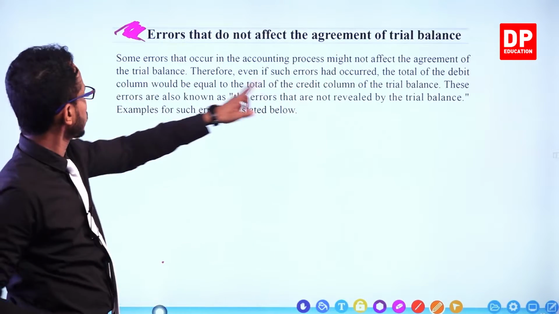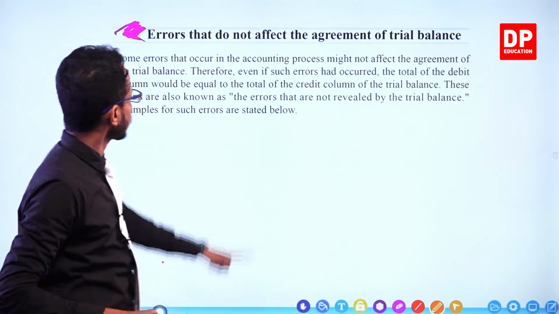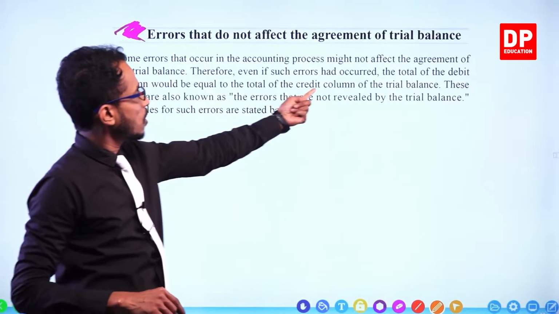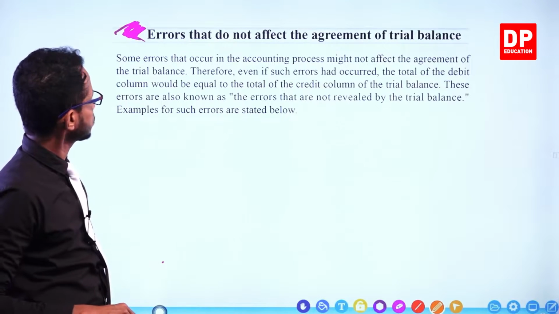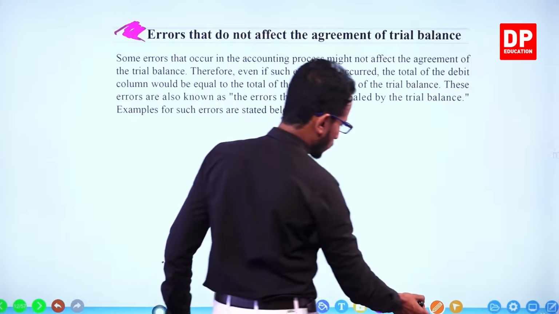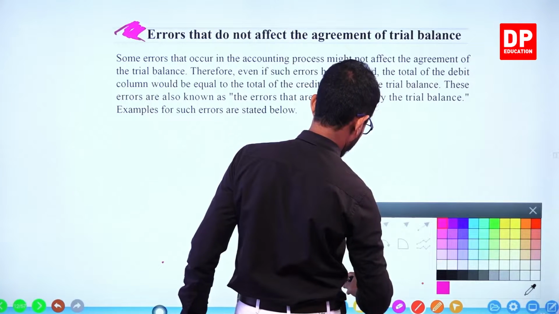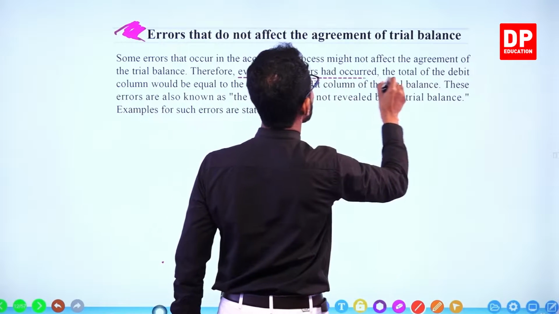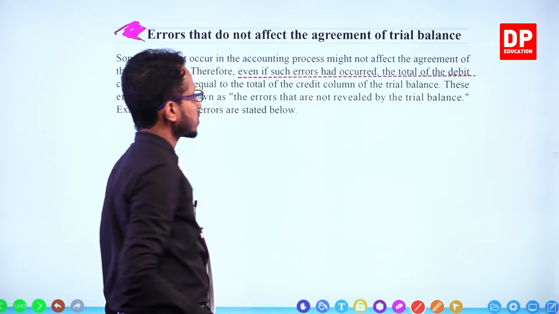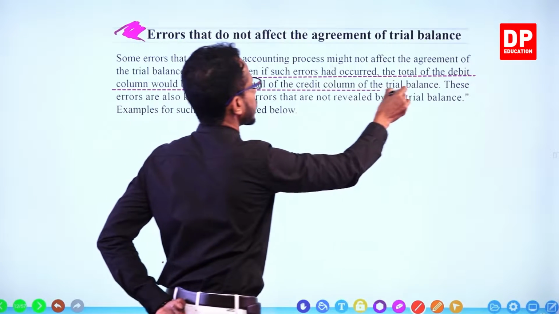Therefore, even if such errors had occurred, the total of the debit column would be equal to the total of the credit column.